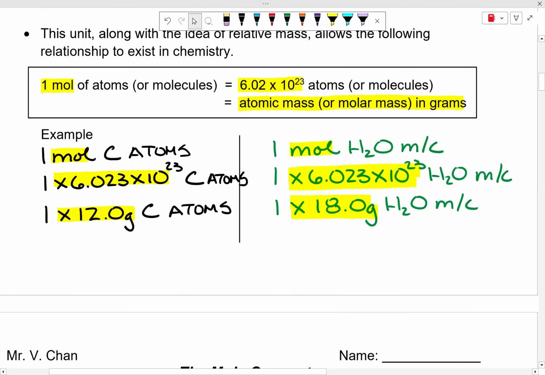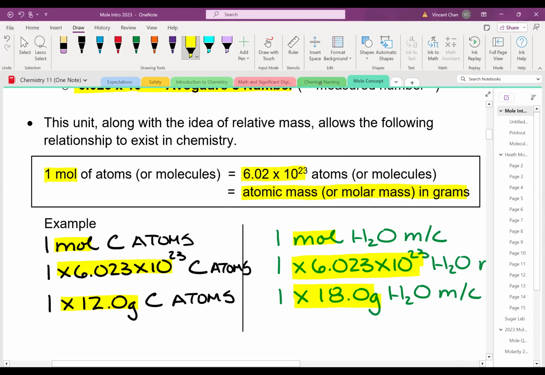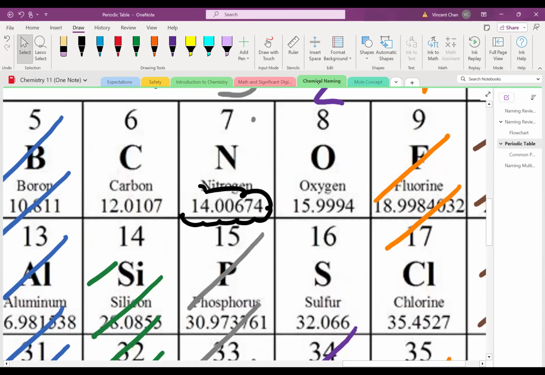Okay, now how did I get the 18 grams? If you take a look at your periodic table, oxygen has an atomic mass of 16.